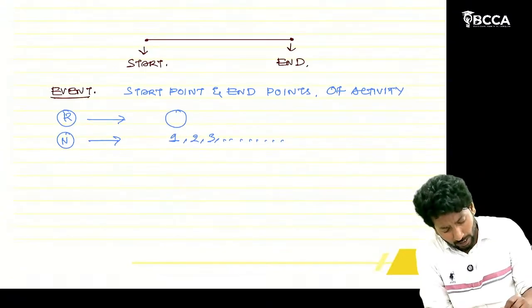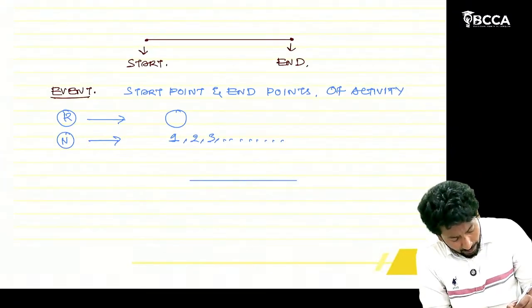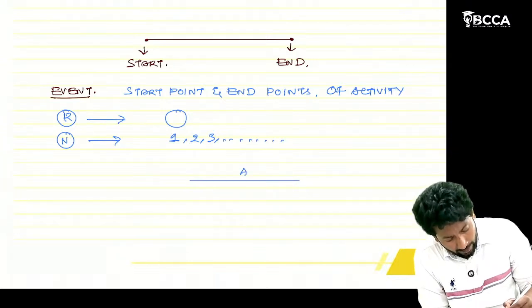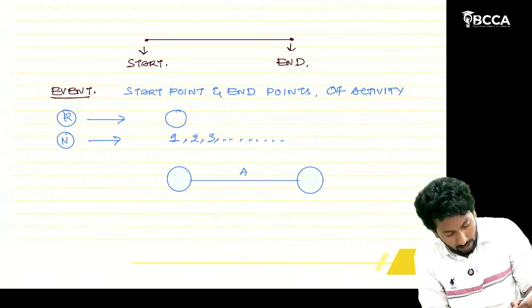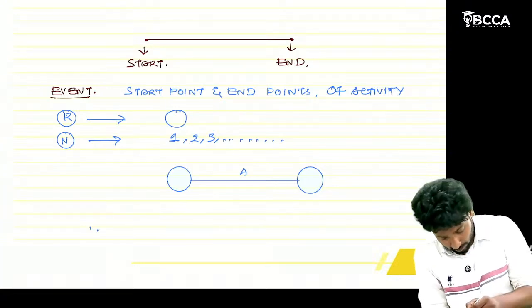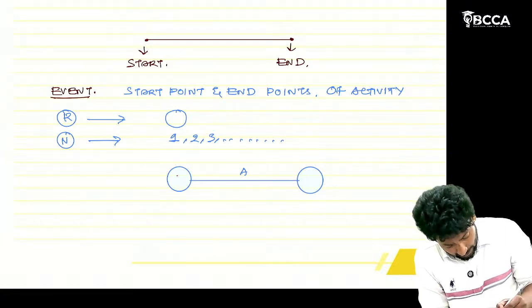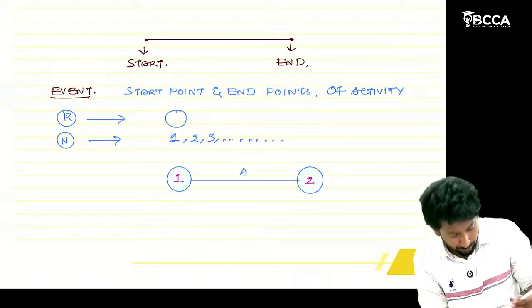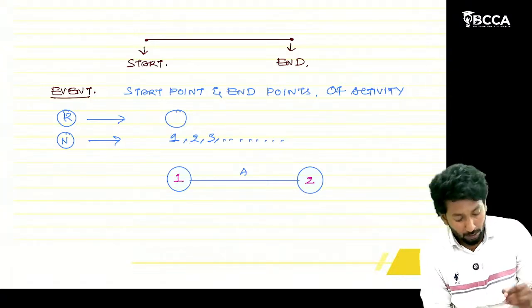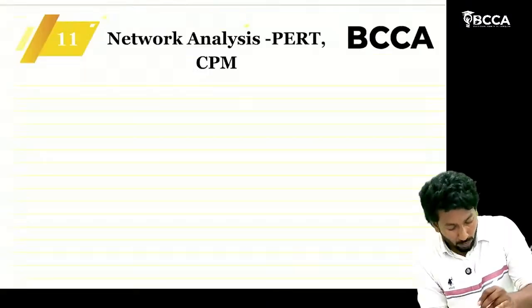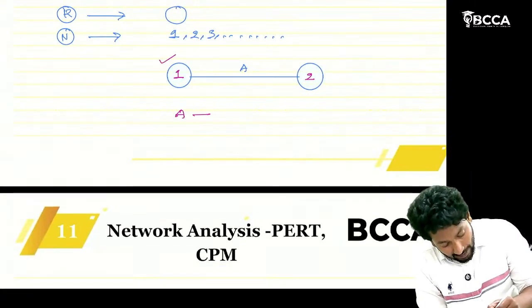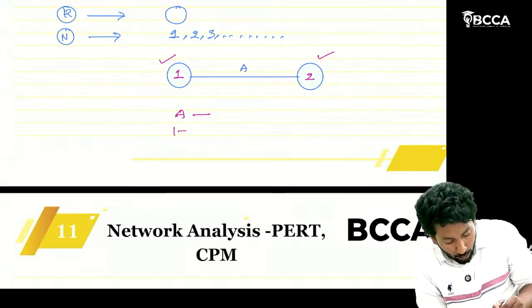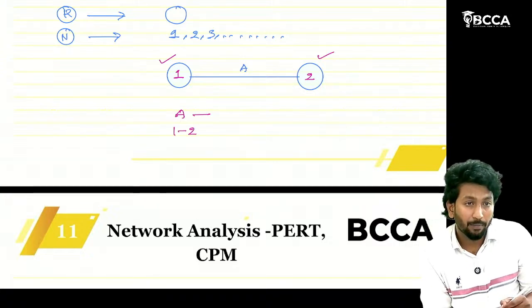For every activity, let's say this is activity A, the starting point is called an event and the ending point is also called an event. They will be numbered, let's say, 1 and 2. Here A is an activity, 1 is an event, 2 is an event, but 1 to 2 is also an activity.